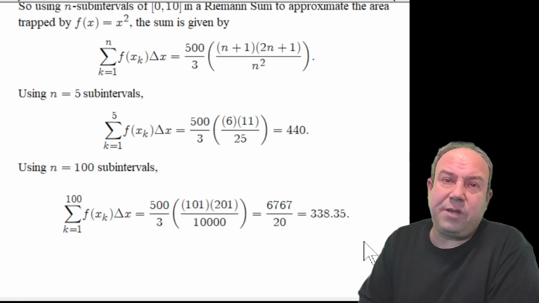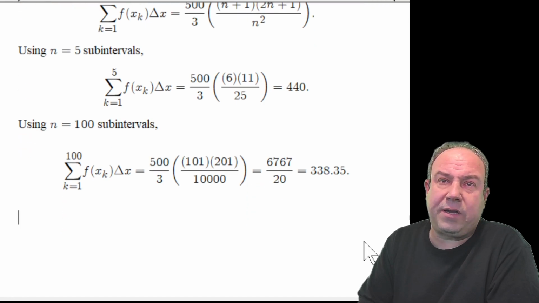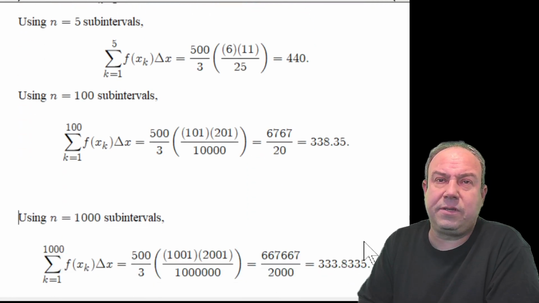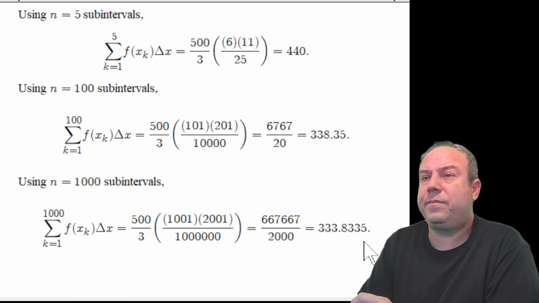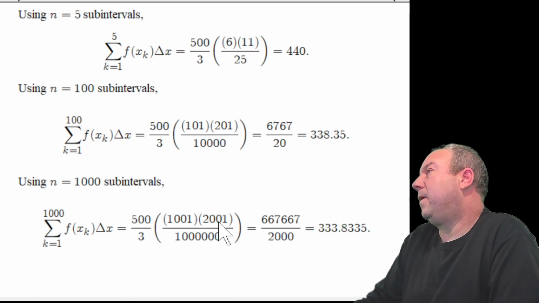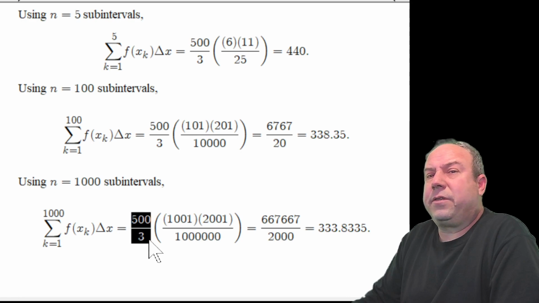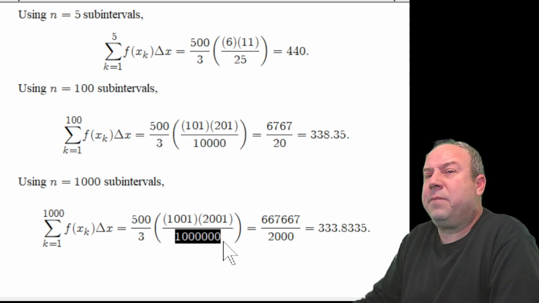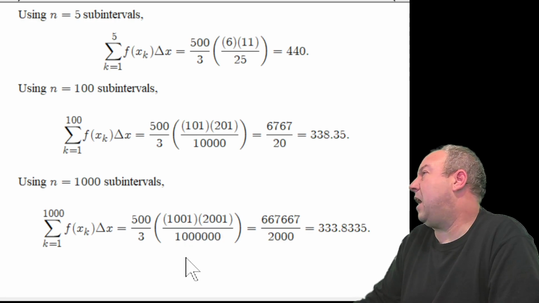And as we had just noted, if we perform the calculation for n equal to 1000 subintervals, it's going to be 500 thirds times 1001 times 2001, all divided by 1000 squared, which is equivalent to 1 million in value.